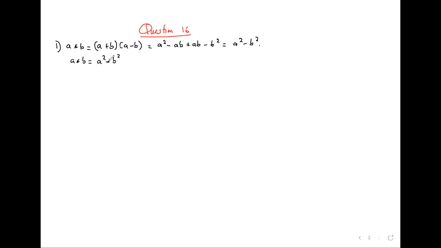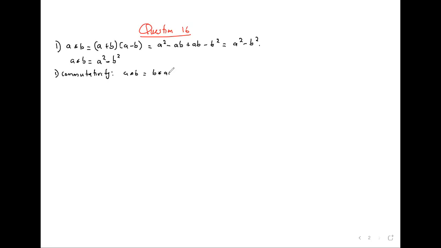Then, is it commutative and or associative? So let's start with 1, commutativity. We want A star B to be equal to B star A. Is it the case?